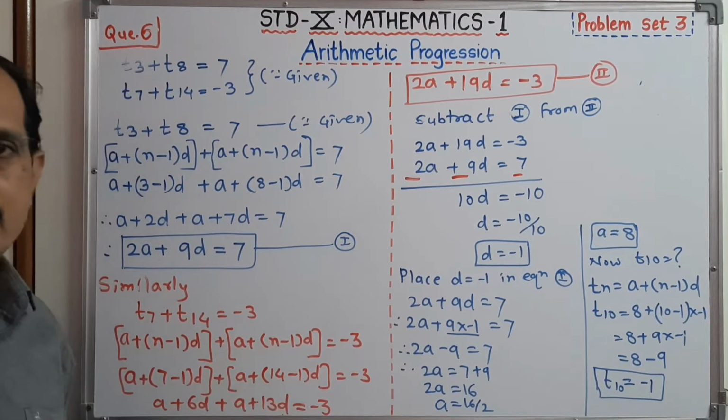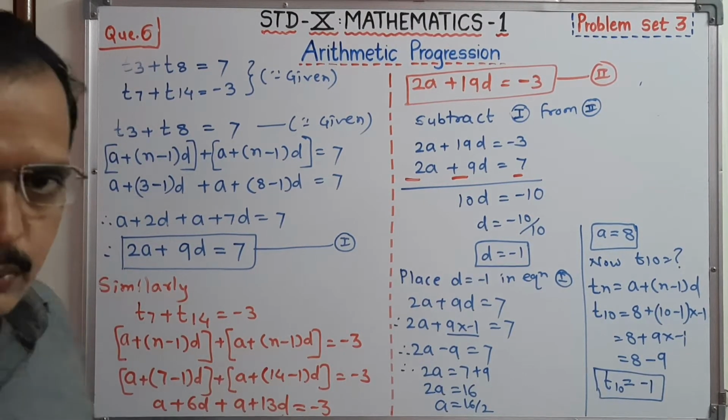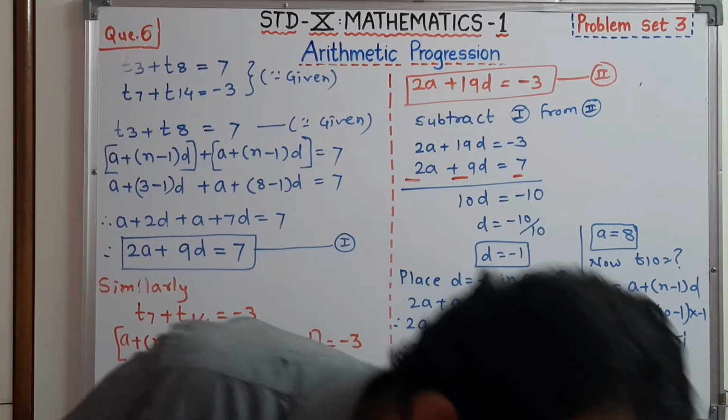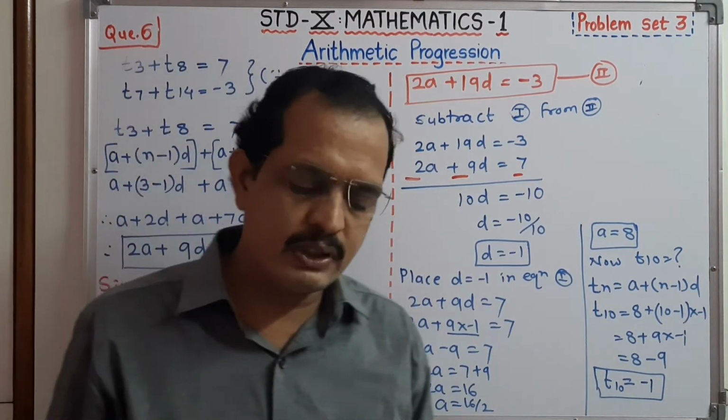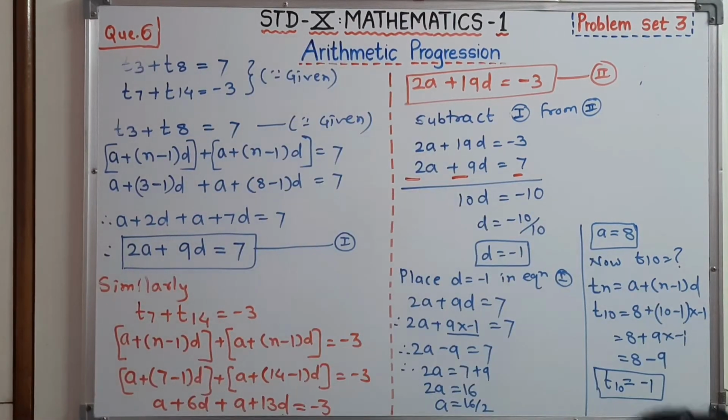Very simple, very easy. Now we have to see the next sum, that is the 7th one. Now the 7th one is also very important.